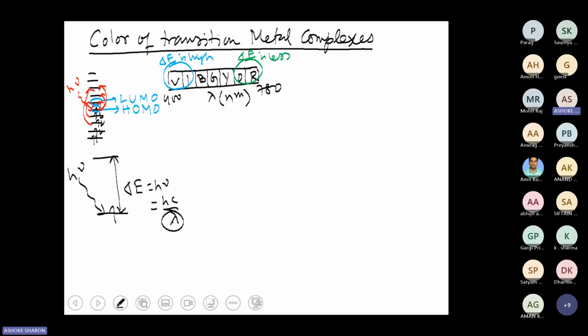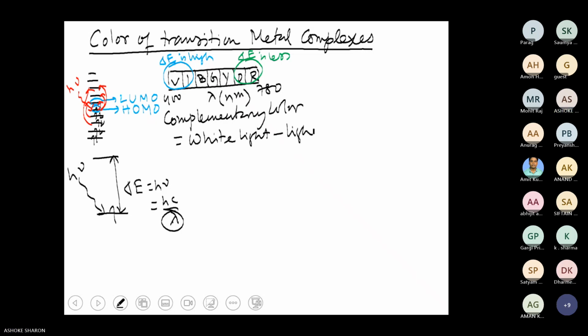So the complementary color, or the actual color for any molecule, is equal to white light, that is the composition of all the 7 wavelength lights, minus the light absorbed.